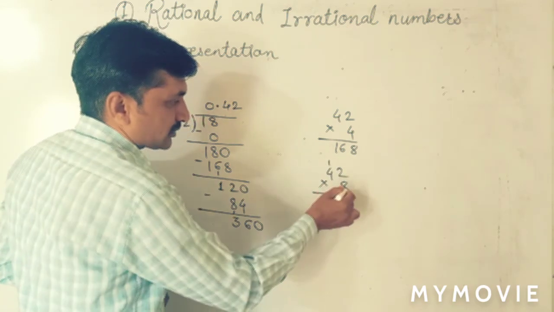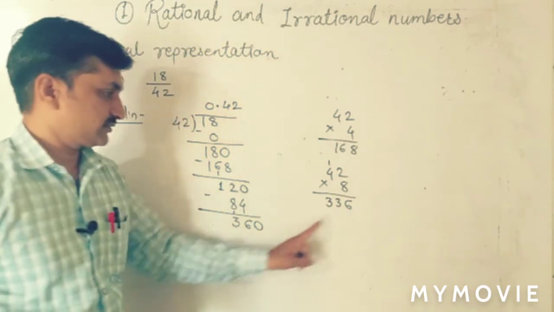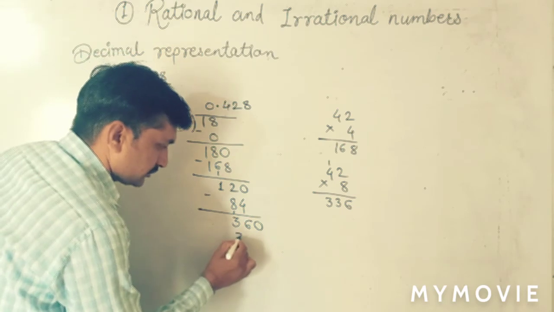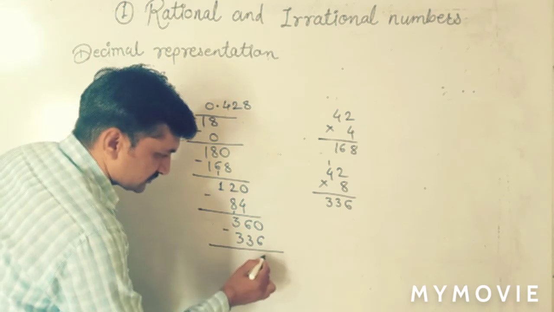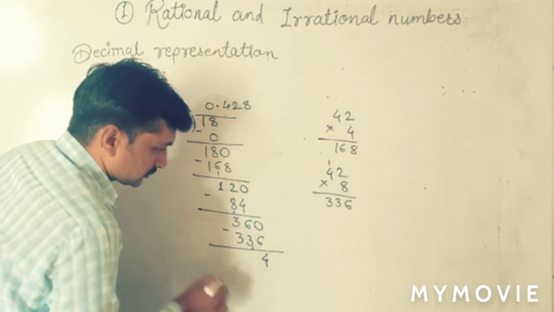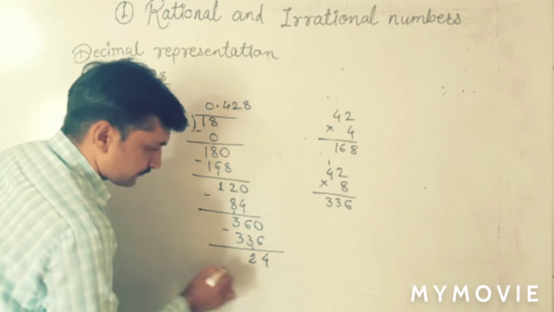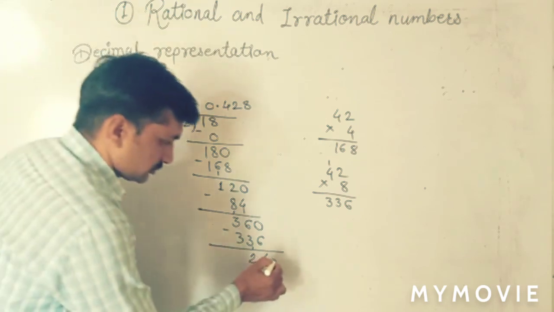One carried over. 8 4s are 32 plus 1, 33. 336. Okay, 8s are 336. Subtraction, 10 minus 6, 4 and 36 minus 34, 2. 24.